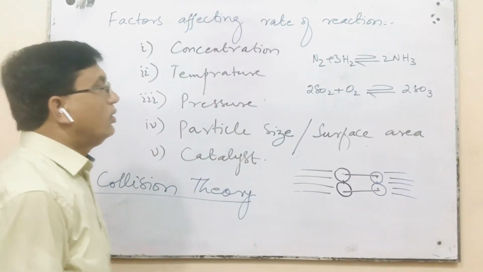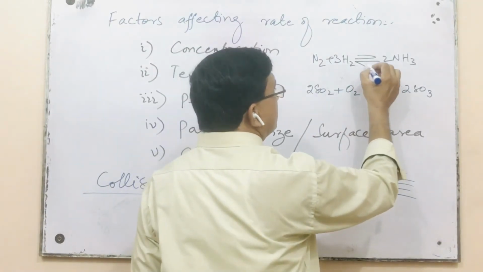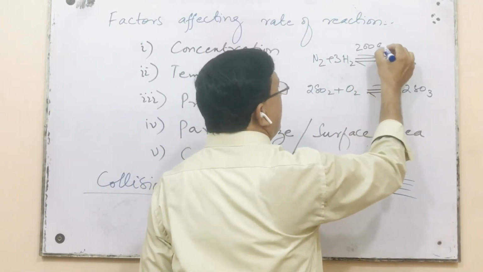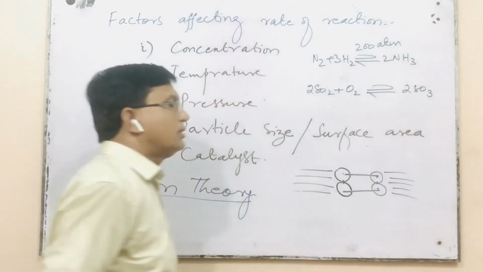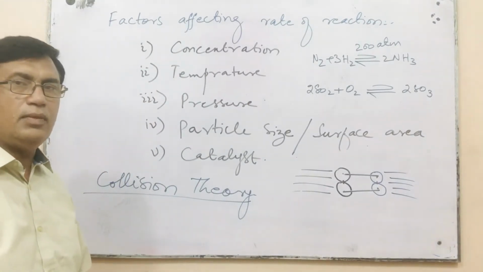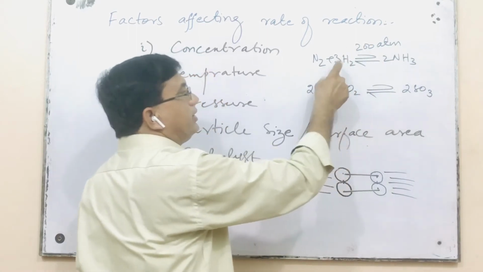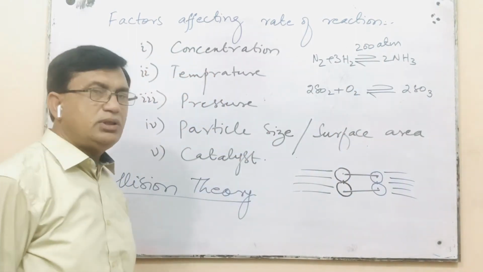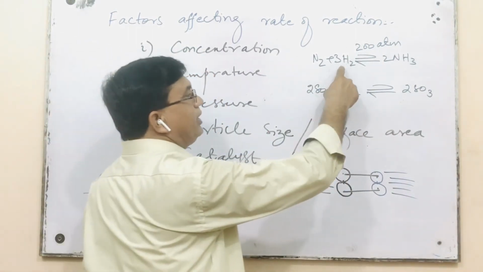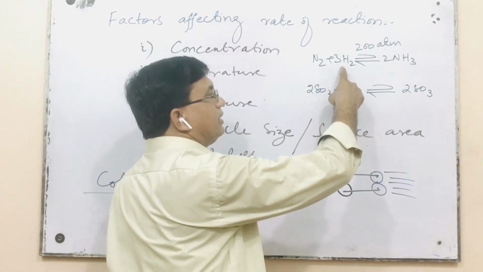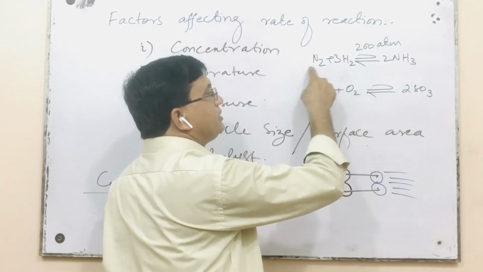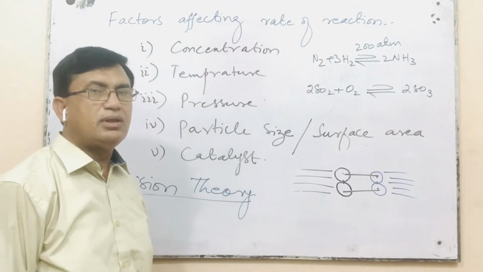That's why we maintain 200 atmospheric pressure in this case. Why is this pressure so high here? Because hydrogen is a very light gas and nitrogen is the atmospheric gas.